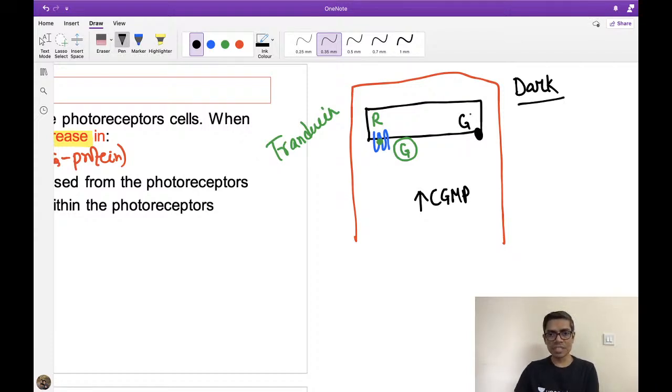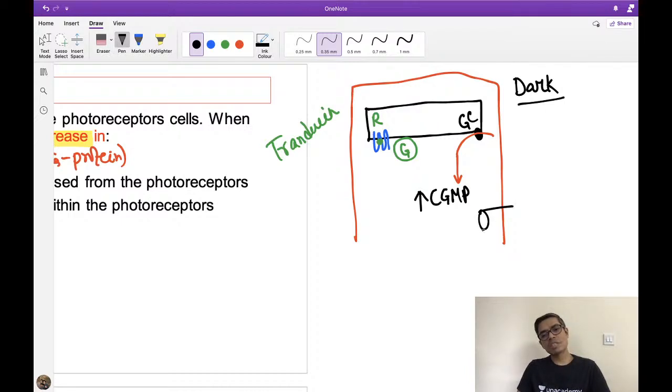Suppose this is GC, the guanylyl cyclase enzyme. This enzyme will convert the GTP molecule into this cGMP molecule. That's why the cGMP level will be very, very high. Because of this increased amount of cGMP, what will happen?